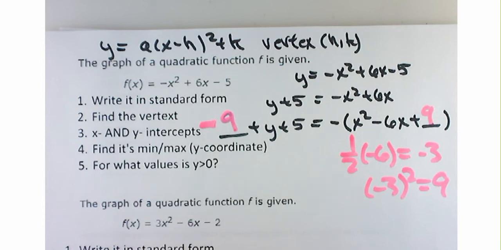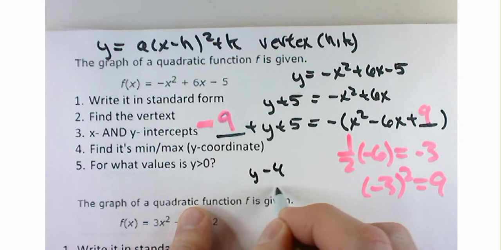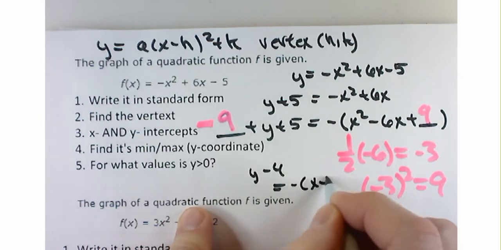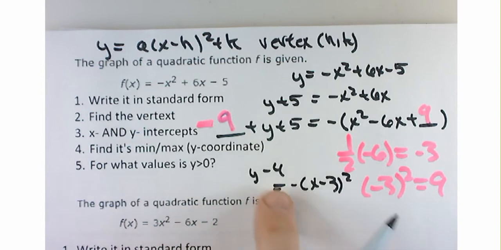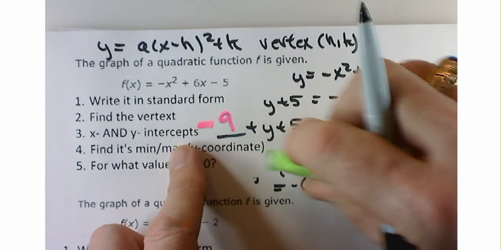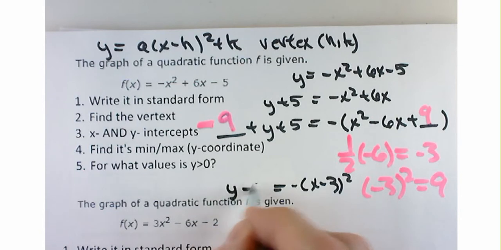The left-hand side becomes y minus 4. The right-hand side becomes negative of x minus 3 squared. And so finally, I want to move that 4 to the right-hand side. Y minus 4.